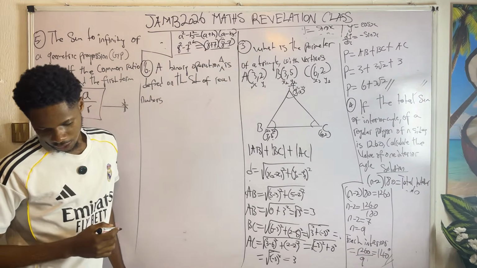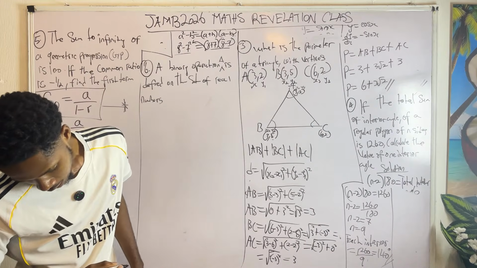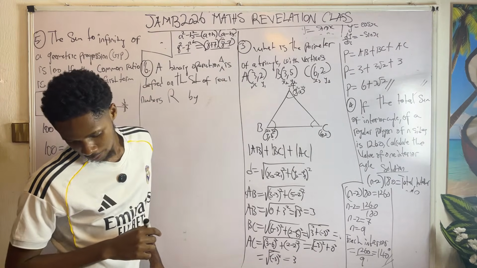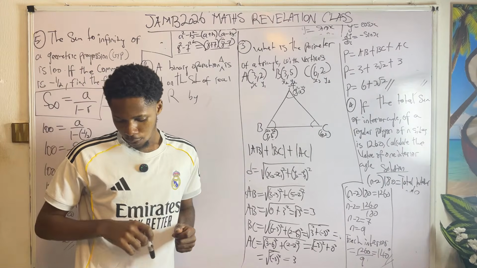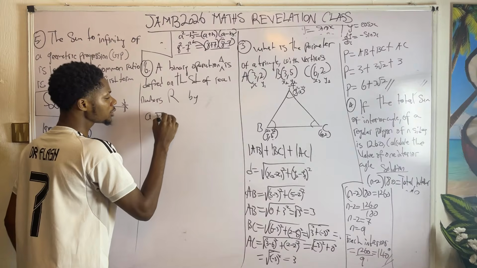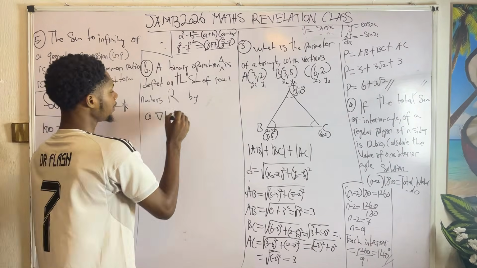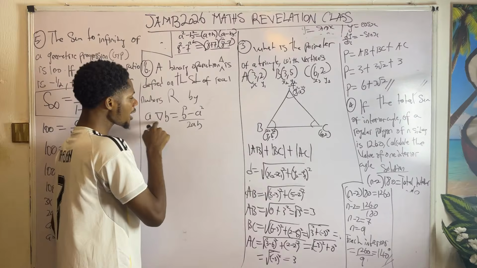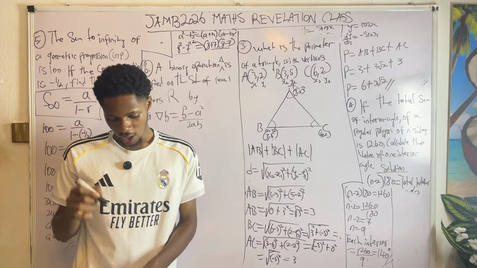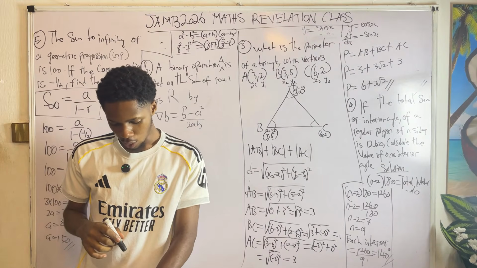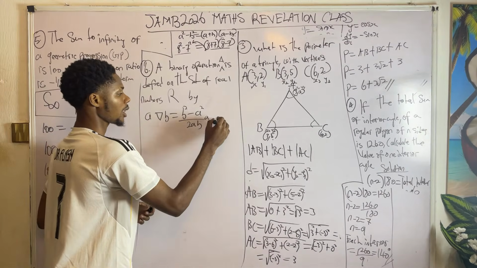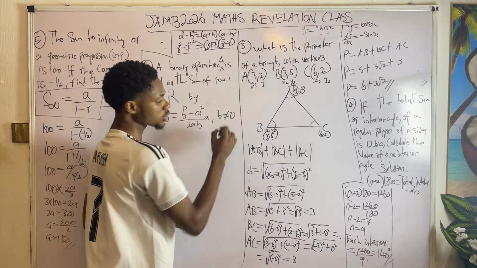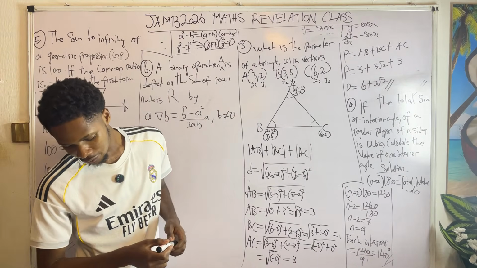Take note, it's defined on the set of real numbers, R by R: A operation B is equal to B squared minus A squared divided by 2AB, times A. And they also further said that B is not equal to 0, where A and B are real numbers.